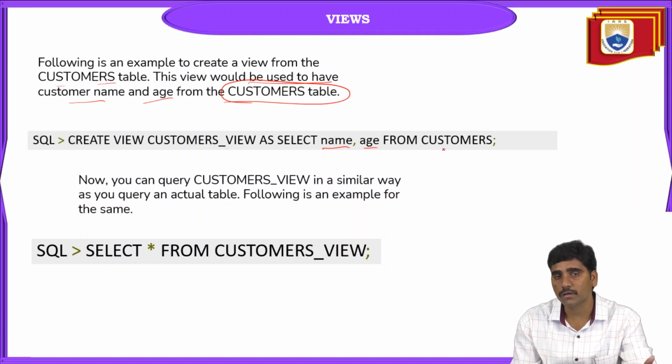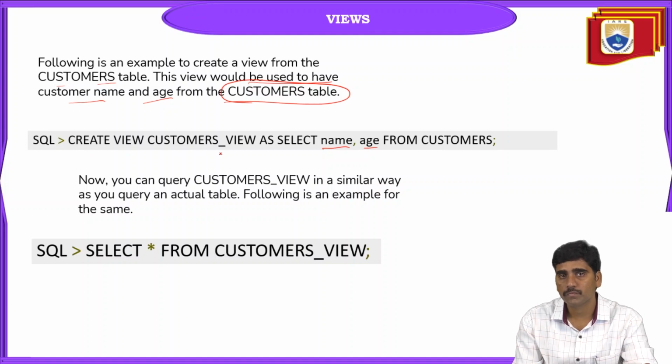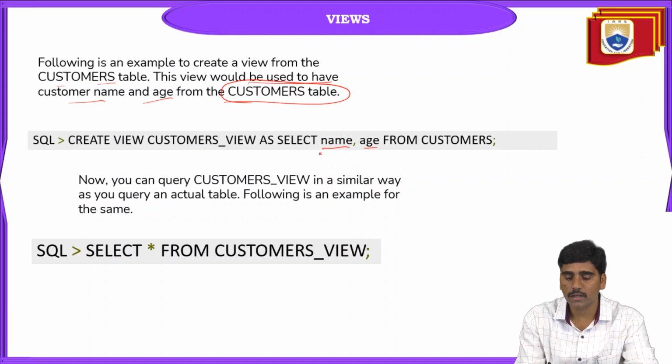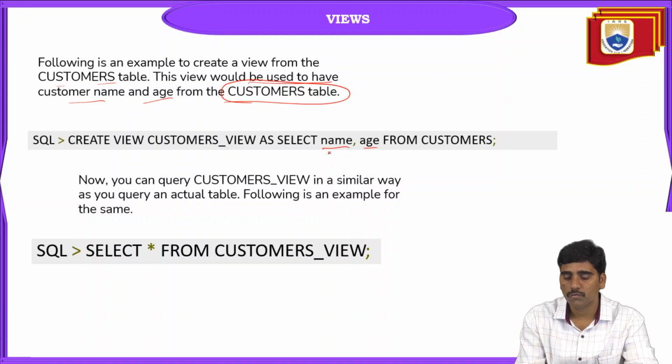So how are we going to create it? CREATE VIEW customers_view AS SELECT name, age. So what are we going to select from the customers table? We are selecting both name and age.